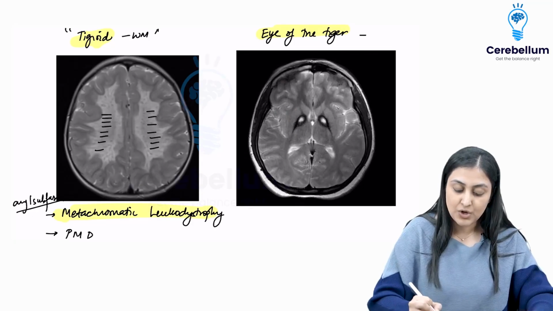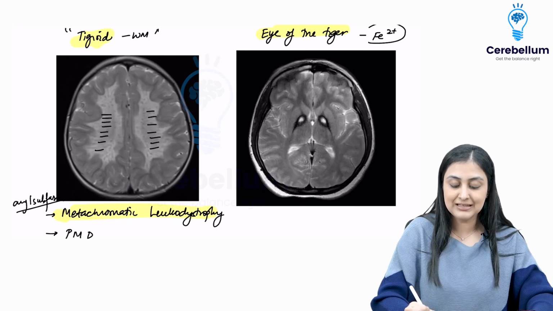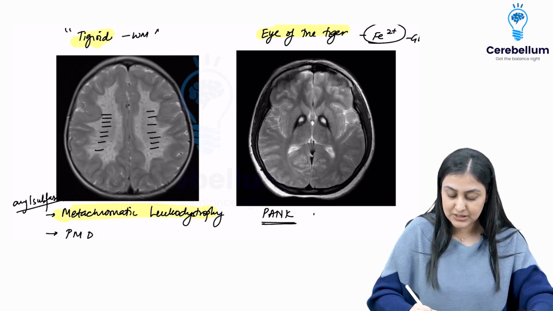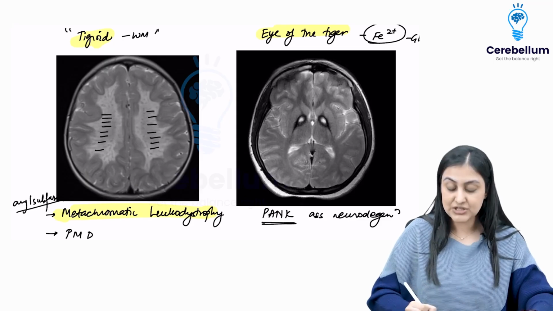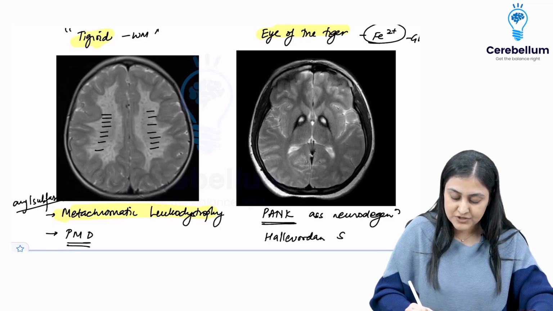This is because of iron accumulation. So there is iron accumulation in the globus pallidus, and this is seen in a disease called pantothenate kinase associated neurodegeneration, which was previously called Hallervorden-Spatz disease.